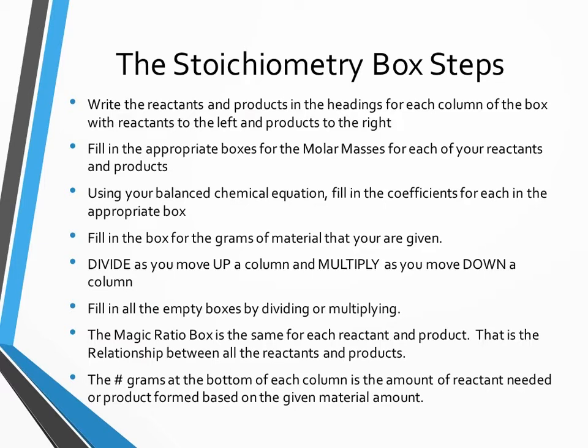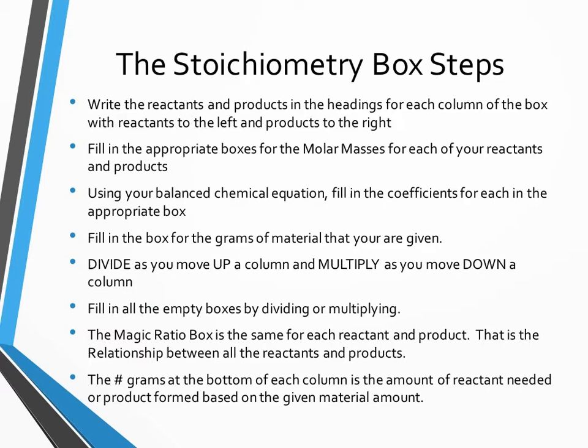I'm not going to go through all of it, but basically the stoichiometry box is a table, and you do the calculations in the table. Across the top of the table, each column represents a reactant or a product.